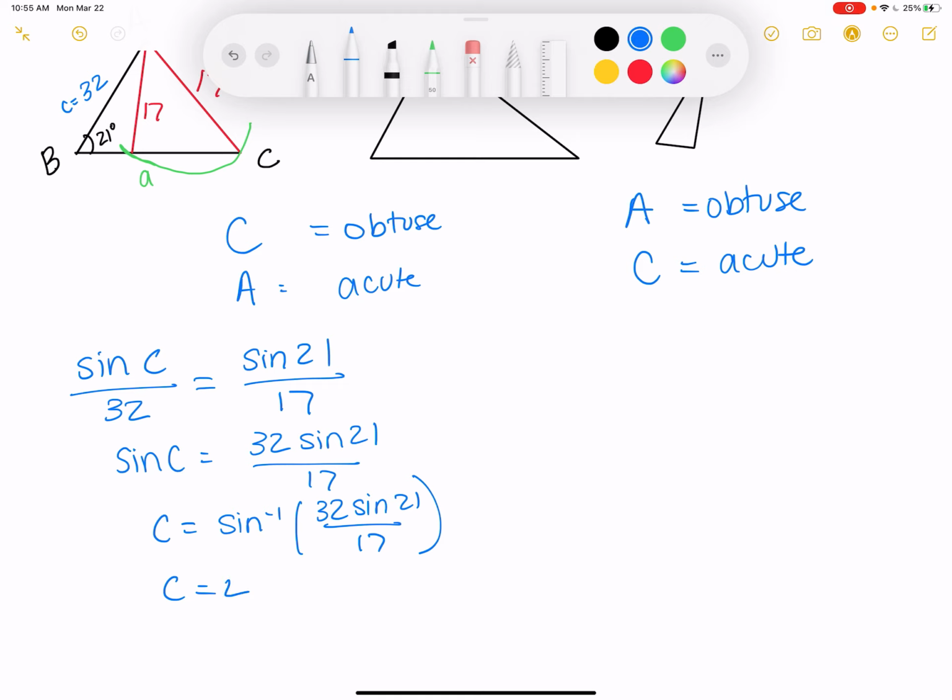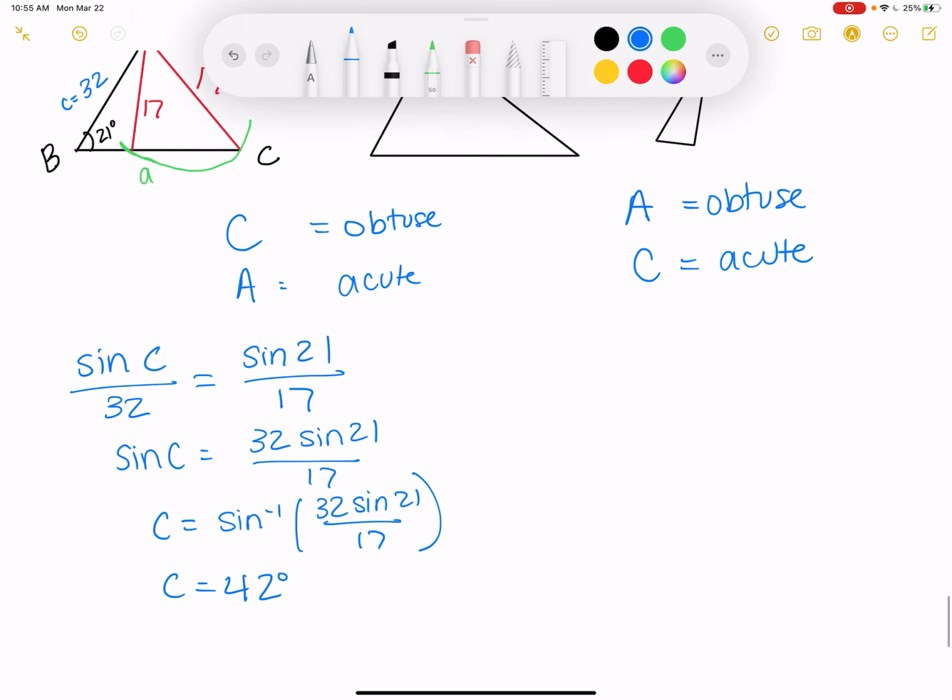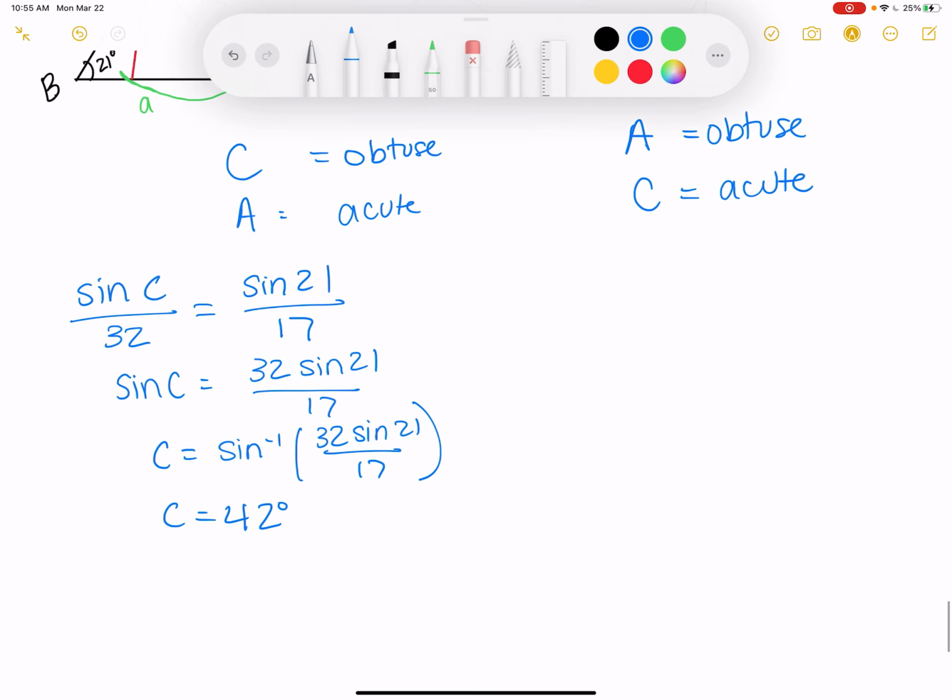Okay, 42. So that is acute, meaning A is going to have to be obtuse. So what is A? 117 degrees.